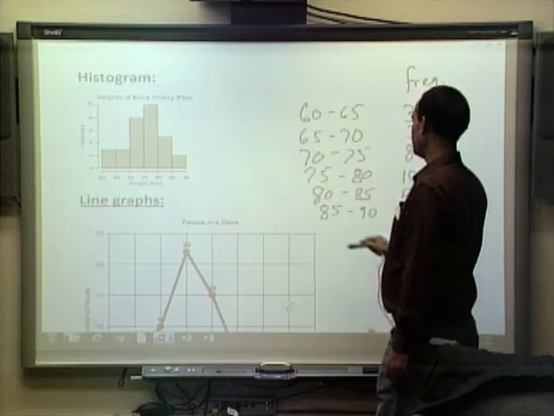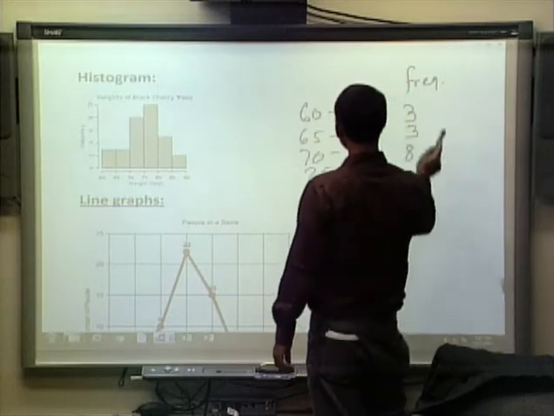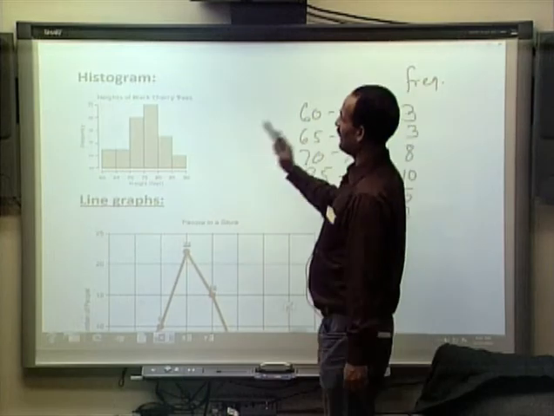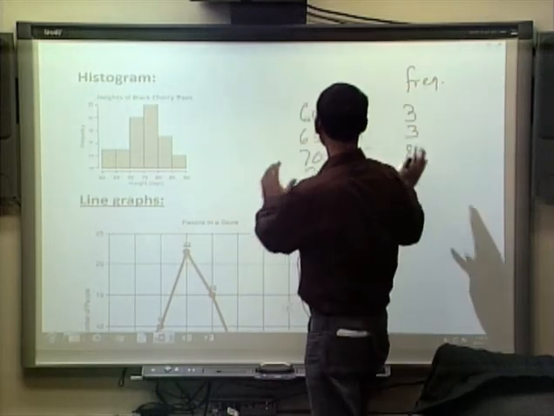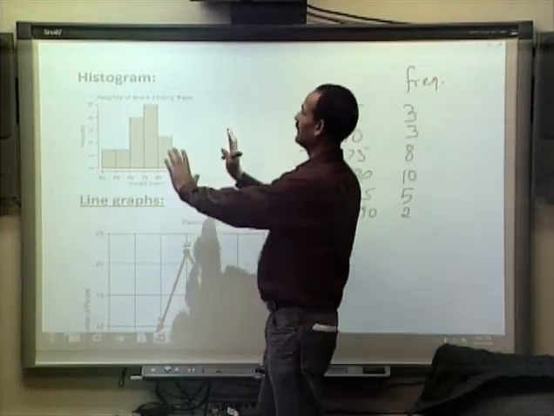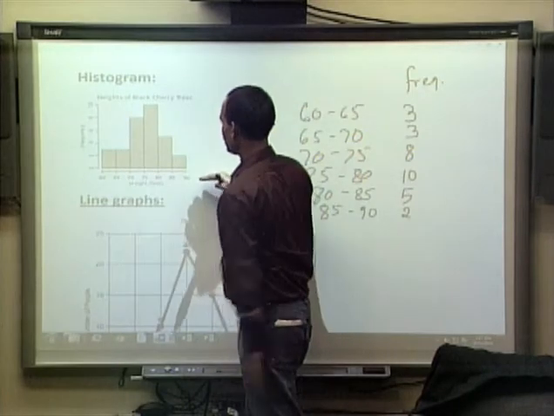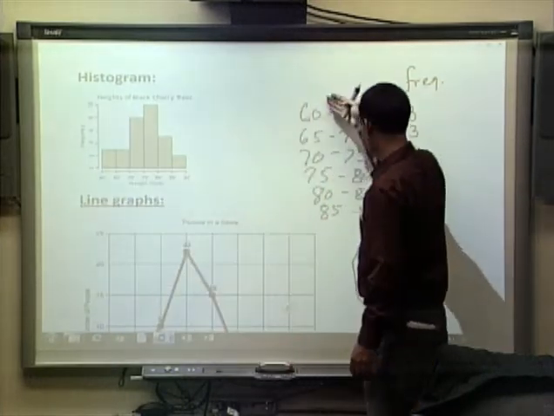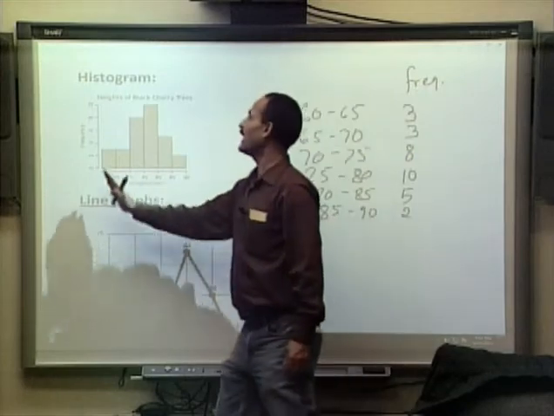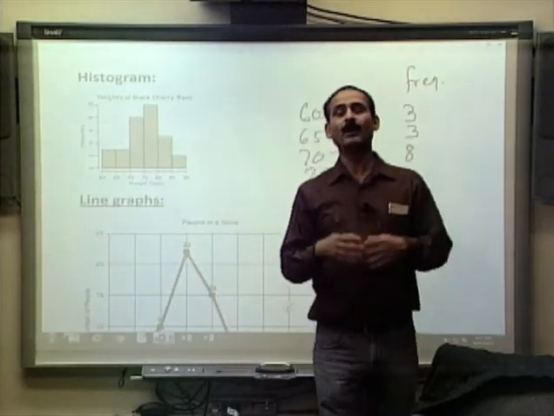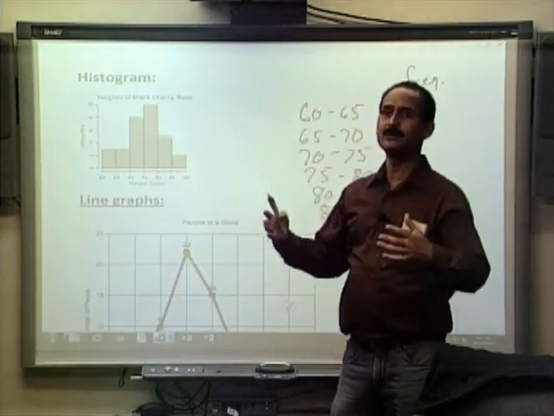This is the distribution, this is the frequency table, and this frequency table is represented by this graph, where the x axis is the classes and the y axis is frequency or the count, how many in which class.